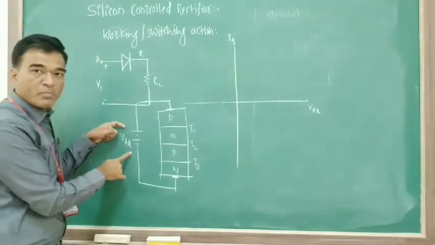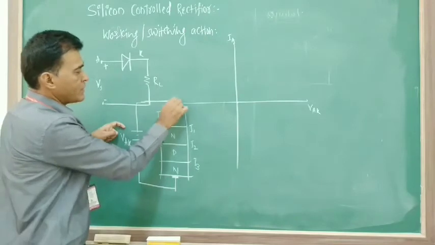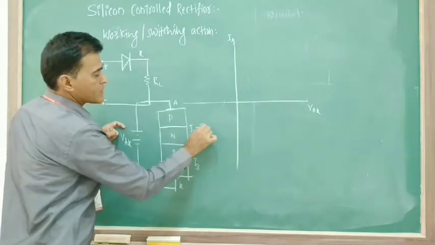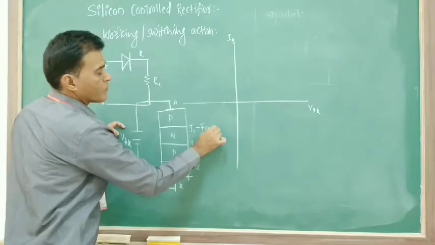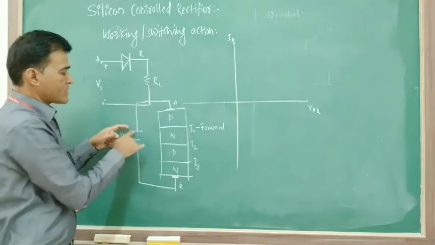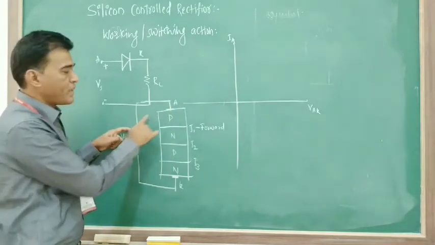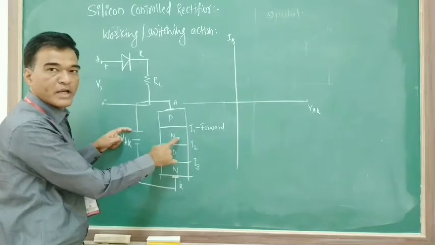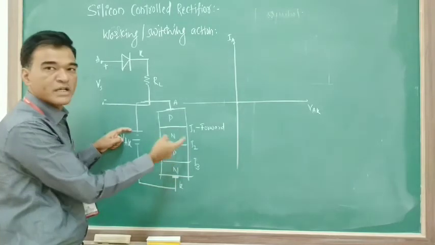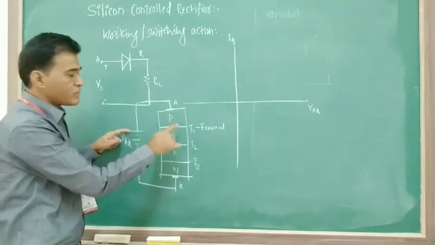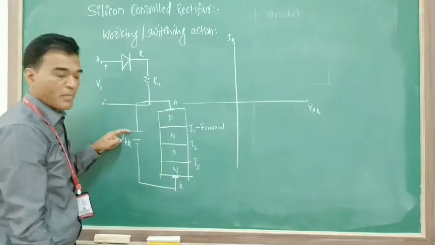When I apply the positive voltage between the anode and cathode, junction J1 is forward biased, because the P-type material is connected to the positive. When I apply the positive voltage to the P-type material, and the N-type material is connected to the negative, we say that the junction is forward biased. As I am connecting the positive to the anode, junction J1 becomes forward biased.